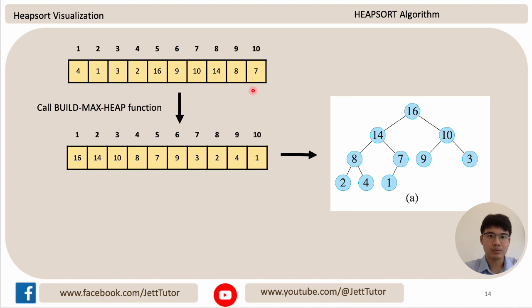In order to make the heap sort algorithm work, we have to call the BUILD-MAX-HEAP function to build a heap structure based on the random array, and the result is as follows. Then after that, we will use the heap sort algorithm to sort the values in the array based on the heap structure.